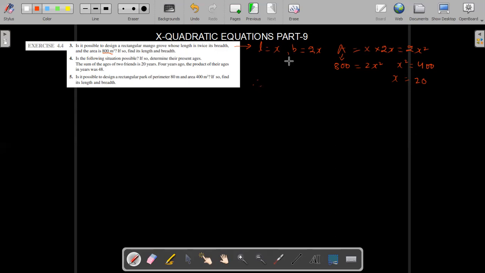So design of grove is possible. Therefore, design of grove is possible.